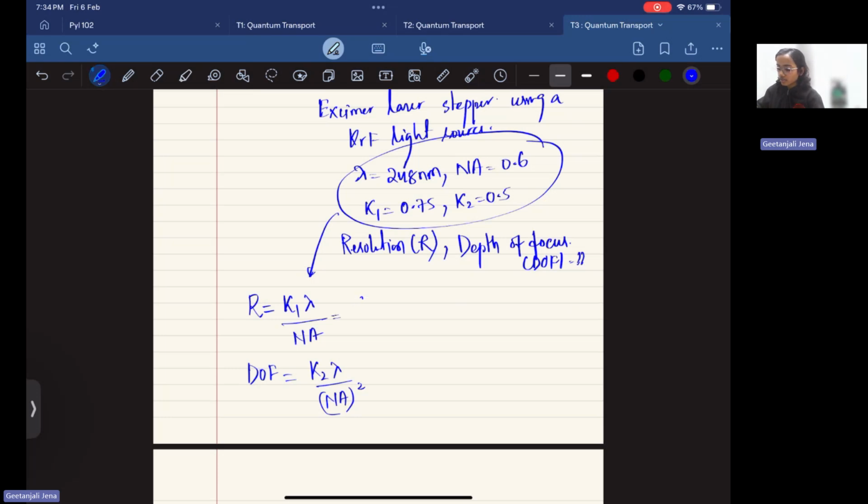So K1 is given 0.6, sorry, 0.75. Lambda is 248, NA is 0.6. And this will be 0.31 micrometer.